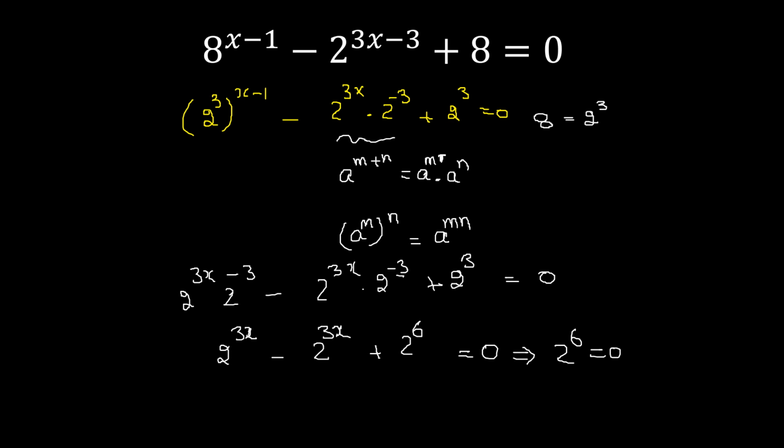What does it show? It shows that we have a non-zero number which is coming to be 0, which means that there will be no value of x that will satisfy this equation. So this is a contradiction, since a non-zero number is coming to be 0. So from here we can conclude that there would be no solution to this problem.